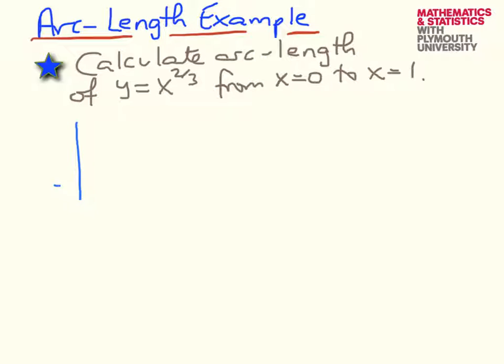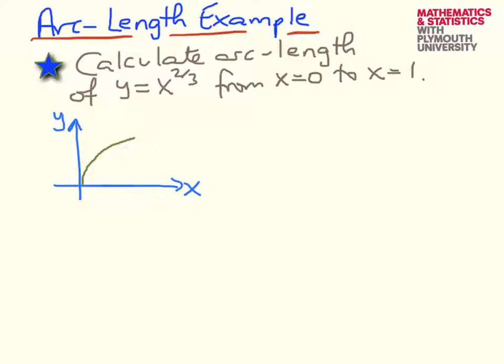So I'm going to just draw the axes here, x and y, and our function is x to the 2/3, so the gradient of x to the 2/3 is going to be 2/3 x to the minus a third. So as x goes to 0, you're going to be dividing by x to the power of 1/3, which is going to diverge. So our function is going to look something like this.